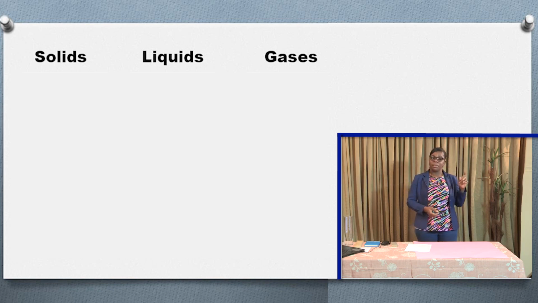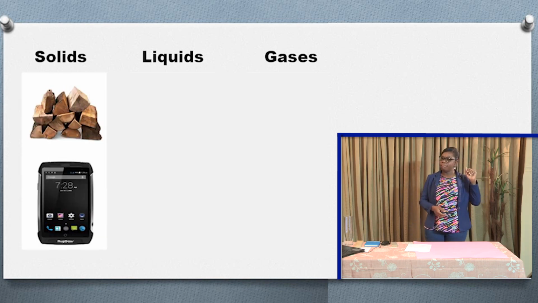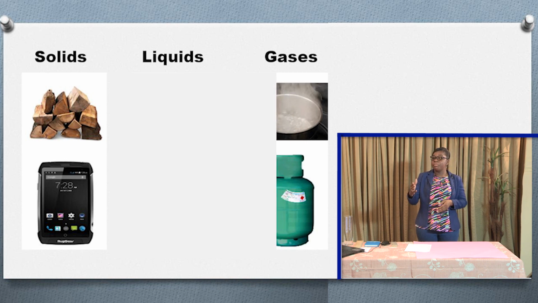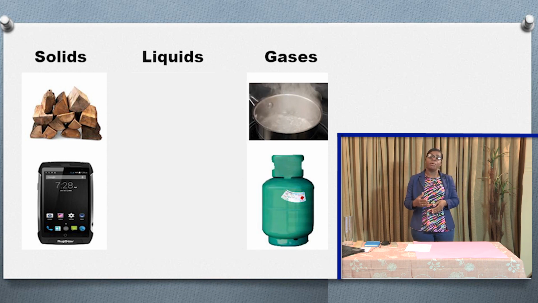Solids like wood and the cell phone that many of you love. Gases like the steam or water vapor that comes out of the pot when food is being cooked, or the gas that is in the cylinder that we use to cook the food.